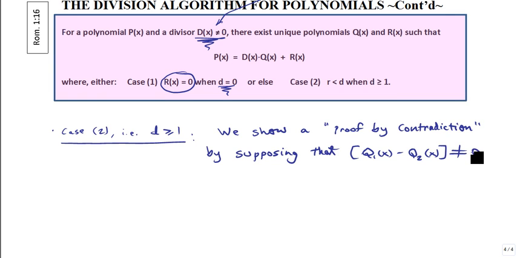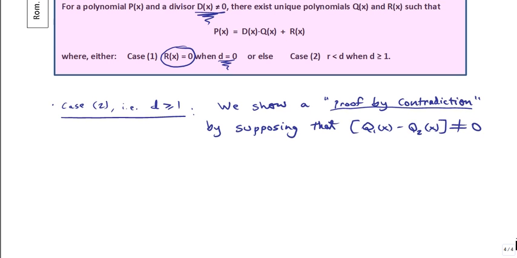Okay, so I'm going to try and bring about some contradiction. All I need is one contradiction, and so long as I achieve one contradiction, then I know that this supposition, that q1 of x minus q2 of x is different from 0, is incorrect. That means that the opposite of this statement must be true. That is to say that q1 of x minus q2 of x has to be 0, provided I come up with any contradiction.